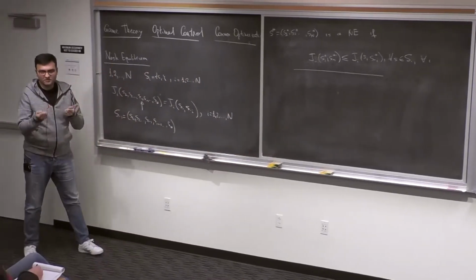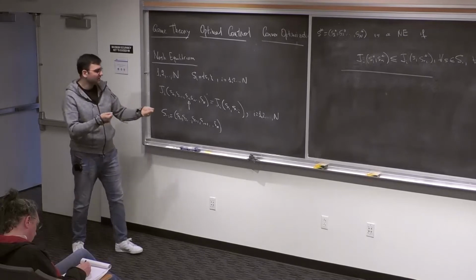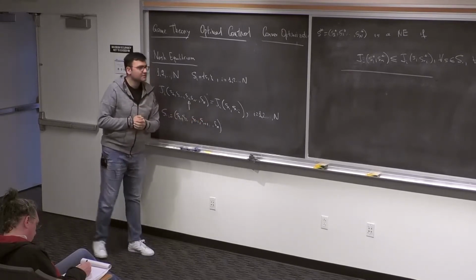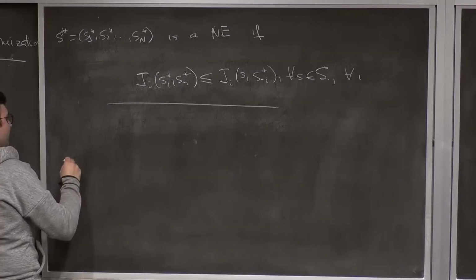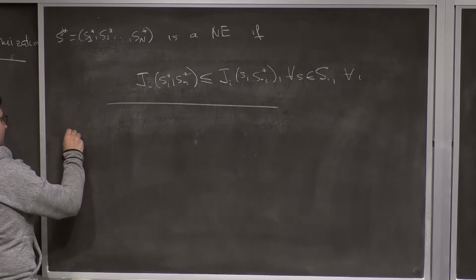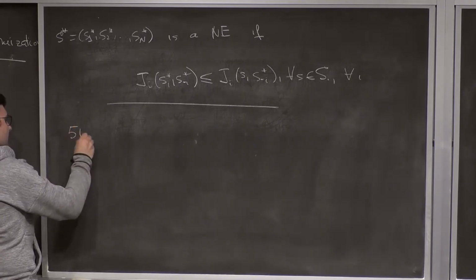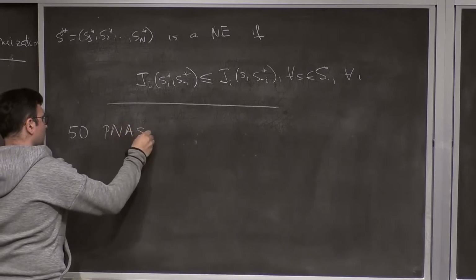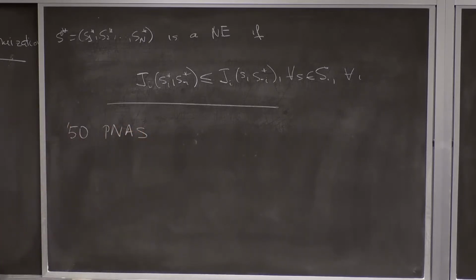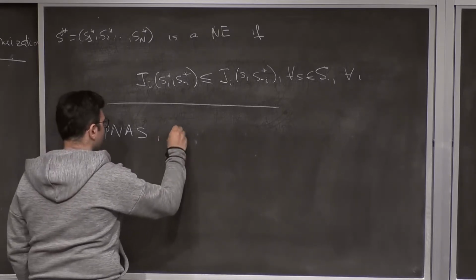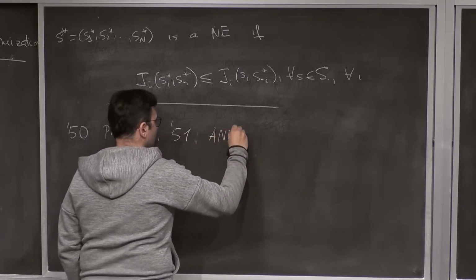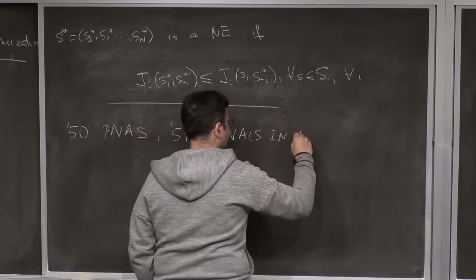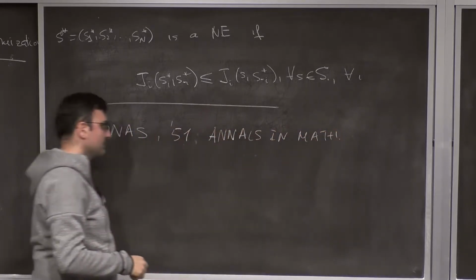There is no cooperation, so agent i doesn't try to help the other agents whatsoever. The paper where Nash introduced this was, I think, announced in 1950 in the Proceedings of the National Academy of Sciences, and then the paper with proofs came out in 1951 in the Annals of Mathematics.